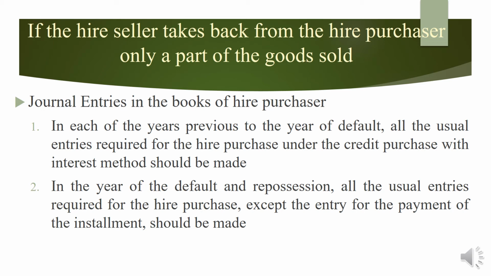In this case, the journal entries till the year of default are similar, but in the year of default and repossession, all the usual entries are to be passed except the entry for payment of the installment.